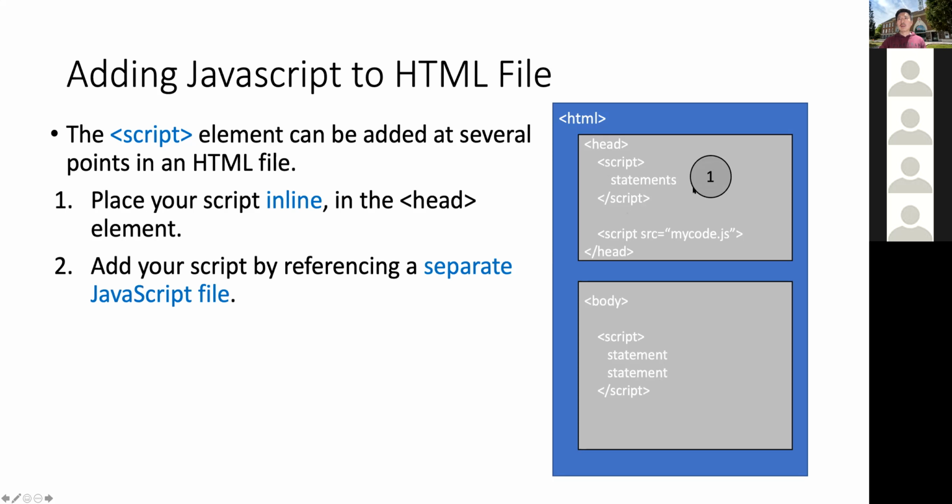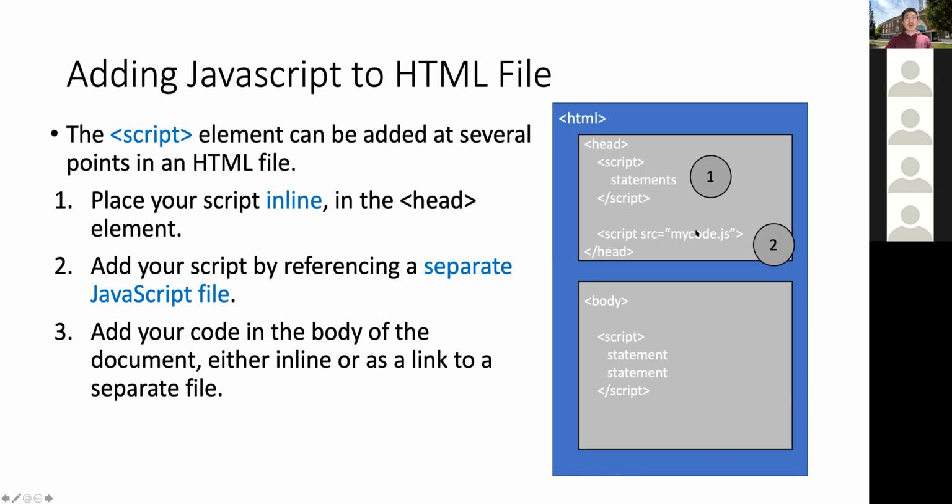Or you can use an external file, for example, called mycode.js. So .js means that's a JavaScript file. You put all your code in there and you load that file using script and src, source, equal to this. That's the second way. And the last way, you can actually put some JavaScript code in the body as well. You just need to put that in between a pair of script tags.